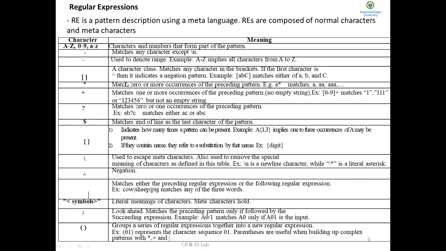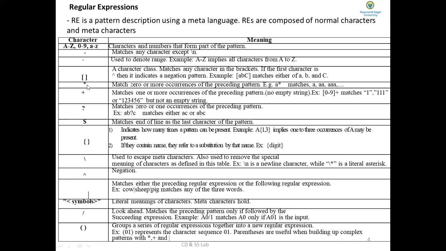If the first character is cap, then it indicates a negation pattern. Say, for example, we have written small a, b and capital C inside the square bracket. It matches any one of these three characters: either small a, or b, or C. Any one, not all.